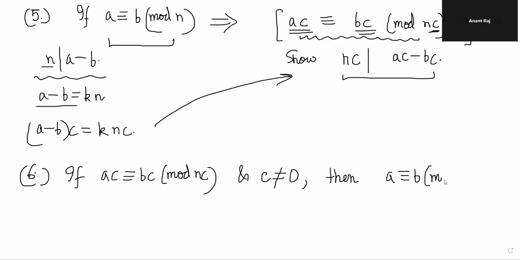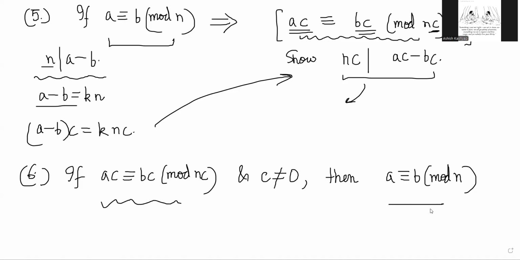Do you realize that the converse will work only if you can divide by C from here, right? If division by C is allowed, then you can go from here to here, right? So C should not be equal to 0 and basically the converse is also true and this is going to be used more often because many times you want to cancel some common factor if possible, as long as that factor is not 0, right?